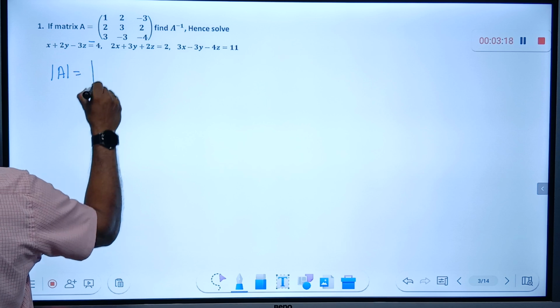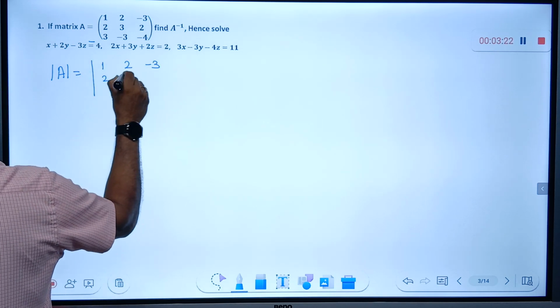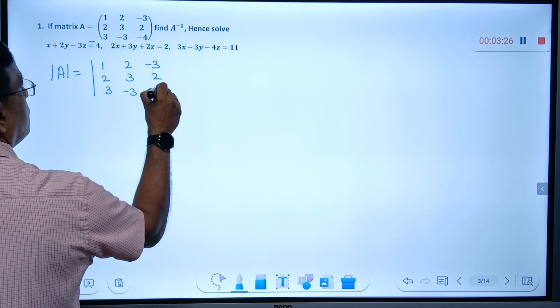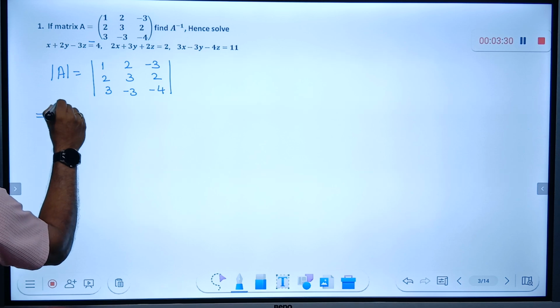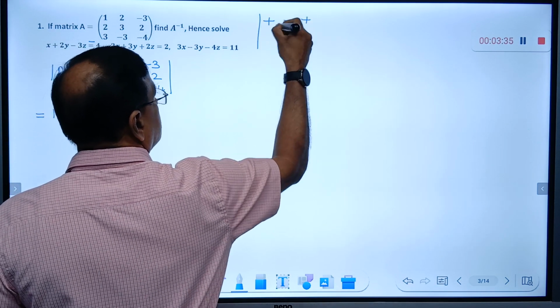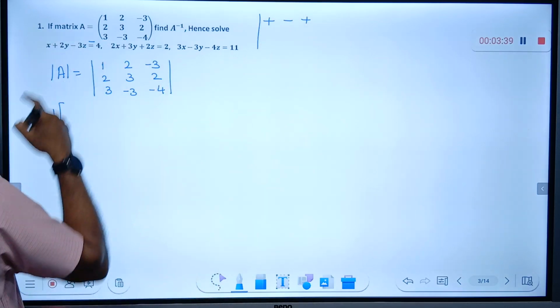Determinant of A is 1, 2, minus 3, 2, 3, 2, 3, minus 3, minus 4. Now how do I expand this? 1 into, remember it has plus, minus, plus. The first row has cofactor, so since it is plus, it's 1.